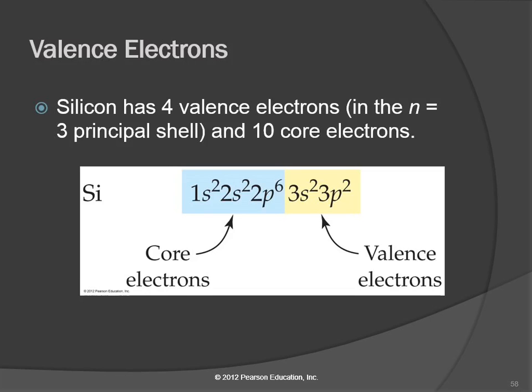So where are the valence electrons, where are the core electrons? Well, what's the highest floor that has electrons in it? What's the highest energy level? It's 3, right? So we're going to look at all the electrons that are on the 3rd floor. It's a total of 4, right? There's 2 in the S room, and there's 2 staying in the P room. And so this has 4 valence electrons.